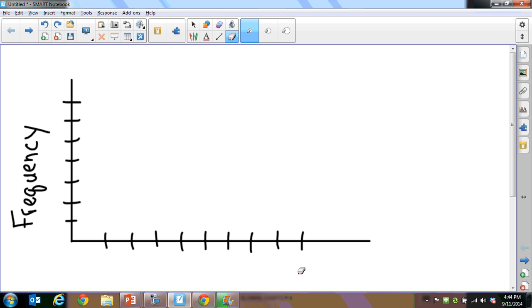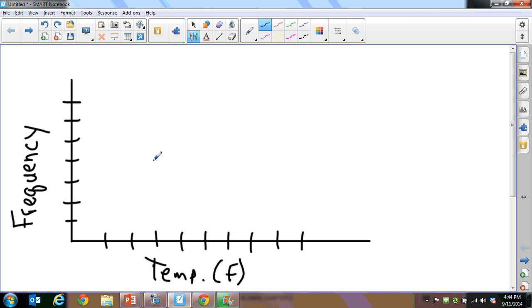But we're not going to label it as midpoints. We're going to label it as what it is, which is the temperature in Fahrenheit.